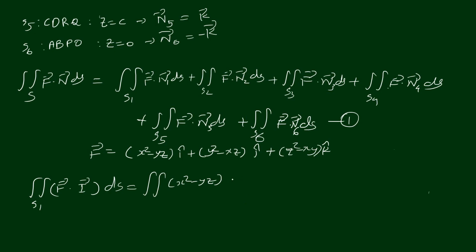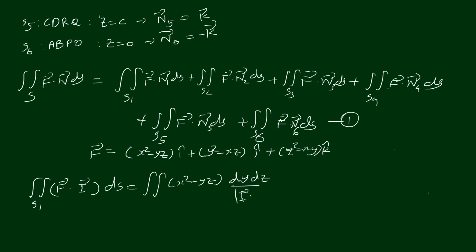And dS is nothing but, since you are projecting onto the yz plane, dy dz divided by the magnitude of n dot k. Here, what is the n vector? The n vector is nothing but the i vector.